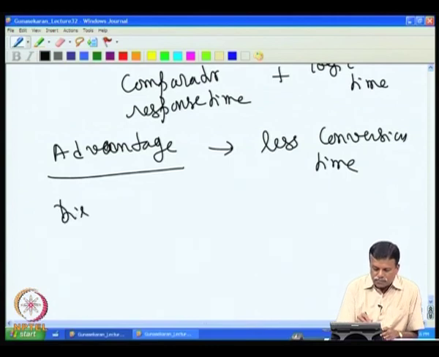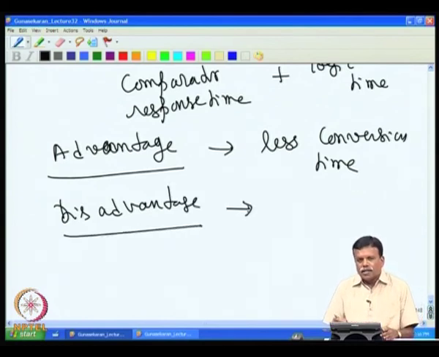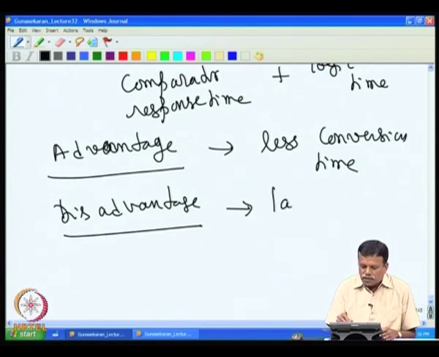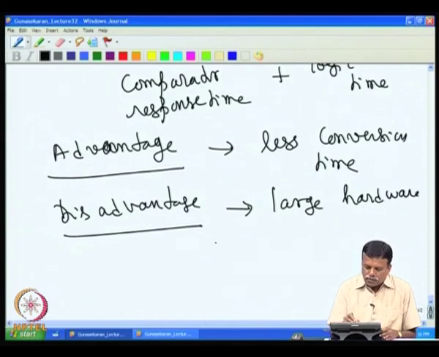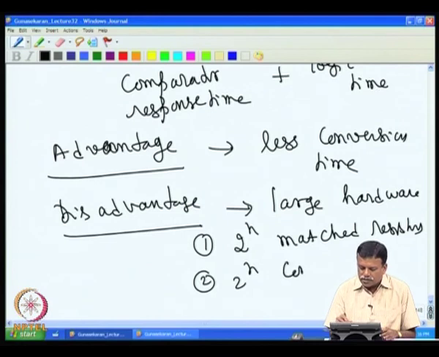The disadvantage is large hardware required, particularly 2 to the power of n matched resistors, then 2 to the power n comparators, then huge conversion logic.